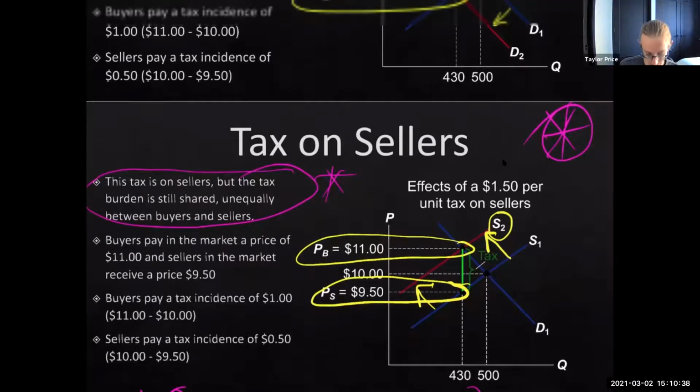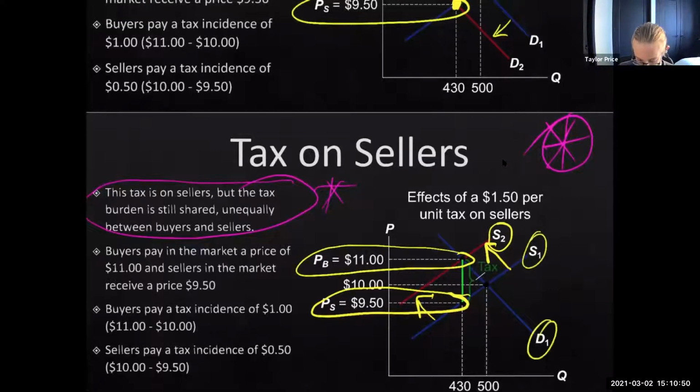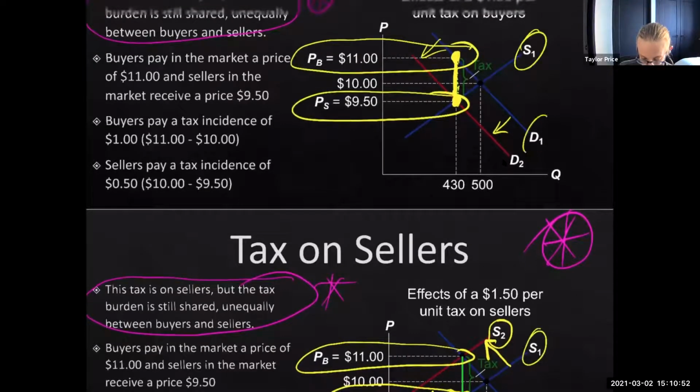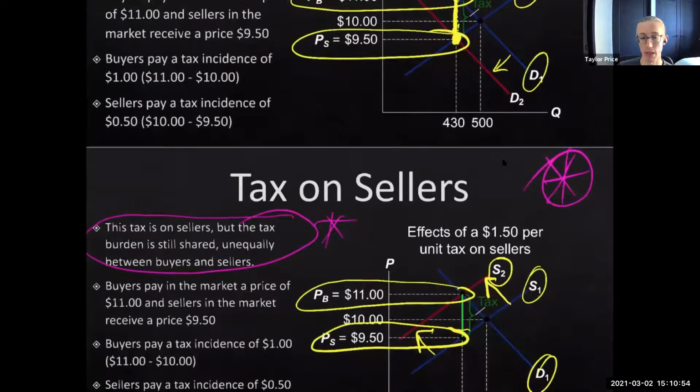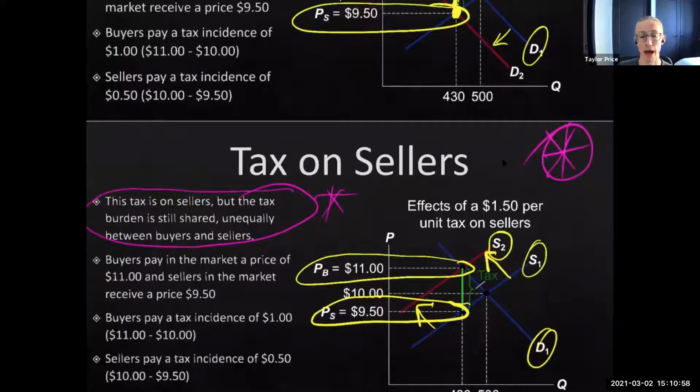The incidence that buyers and sellers are paying does not change because the demand and supply curves are the same. This supply curve and this demand curve have exactly the same elasticity. So that's why there is no change in how the incidence of tax is shared between buyers and sellers.